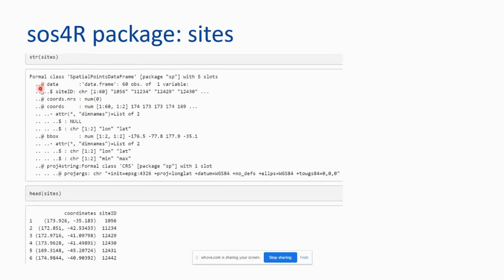That's a slot in R terminology, and the coordinates are sitting here. There's a bounding box, and the projection is here as well. If you ask for head, it ignores all the other stuff and just gives you the data with the coordinates and the site ID, i.e. station number. Okay, so you can ask for the sites with a straightforward command.